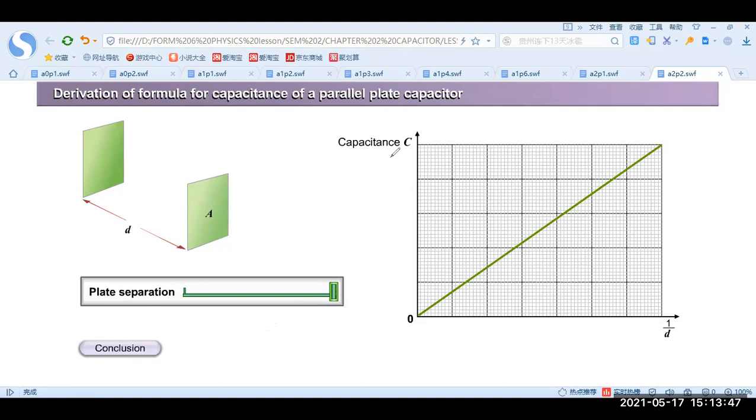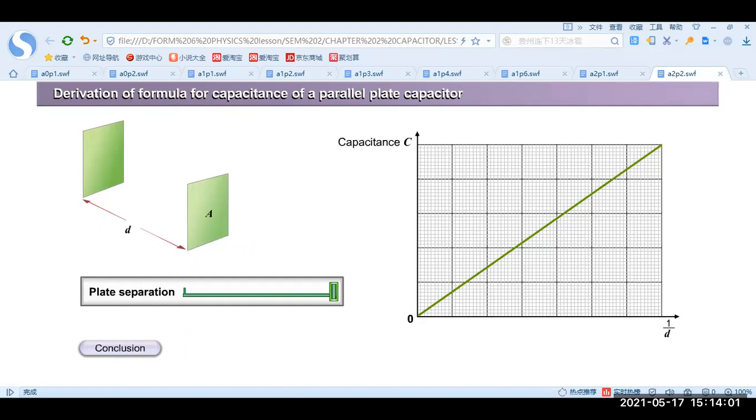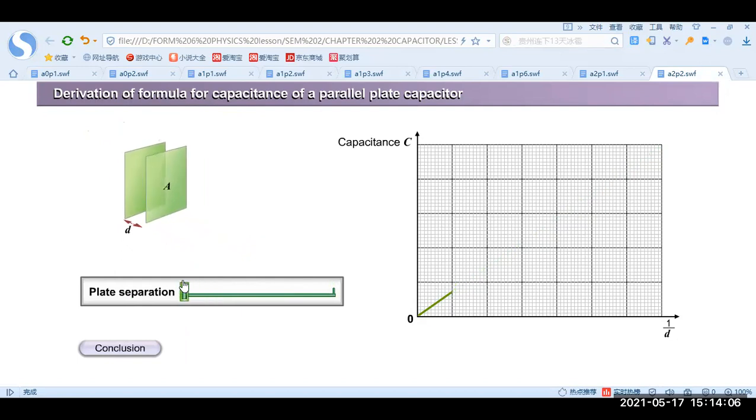Just now it was the cross-sectional area, and this one is the distance. Once the separation between the plates reduces, as we can notice, 1/d becomes larger. That means the capacitance will be higher. As a conclusion, the capacitance C is inversely proportional to the separation between the two plates.